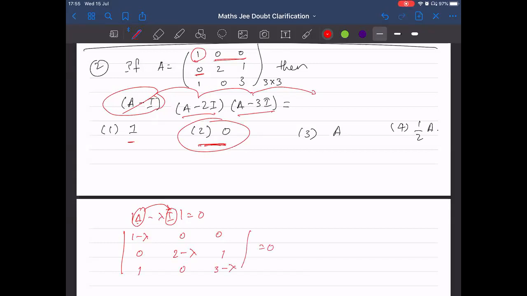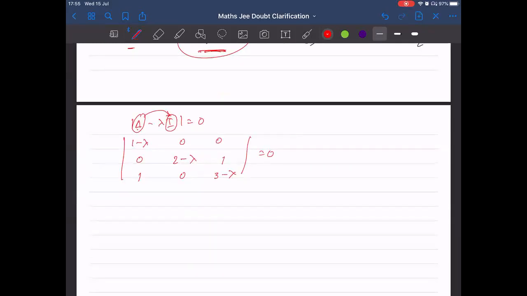So we have to get used to it. You cannot always write A and lambda I, and subtract it. So in JEE you have to move ahead fast. So now find the determinant using the first row. So 1 minus lambda into 2 minus lambda into 3 minus lambda, minus 0.